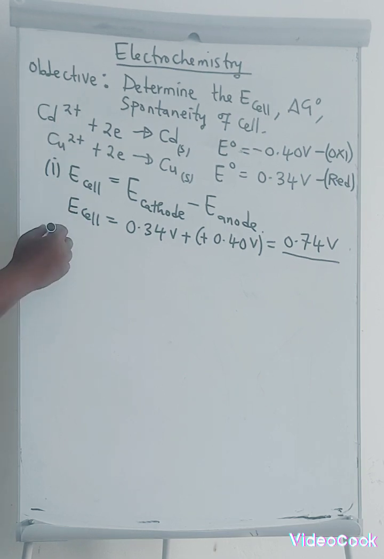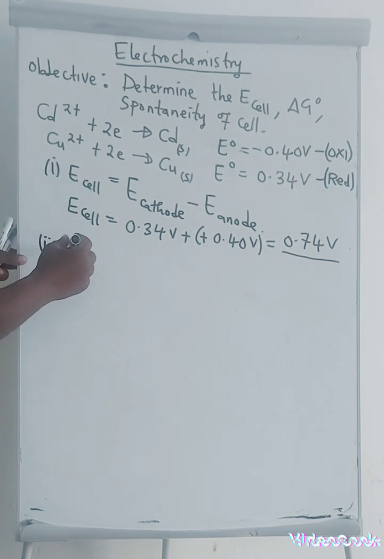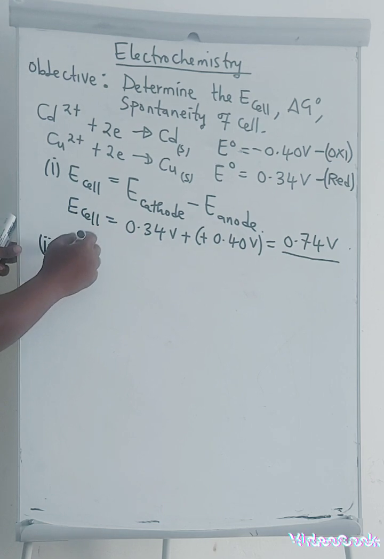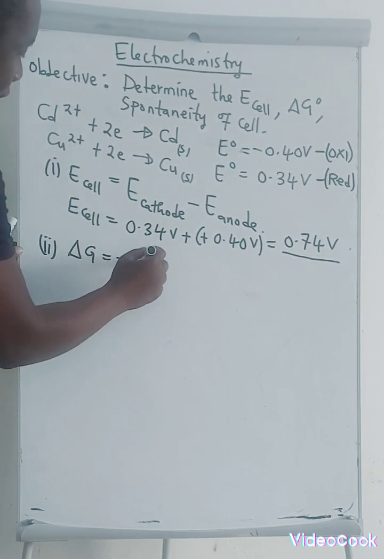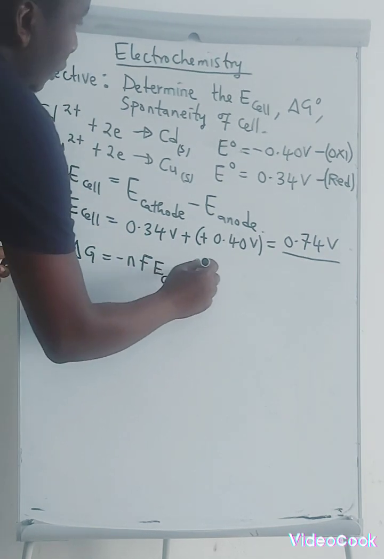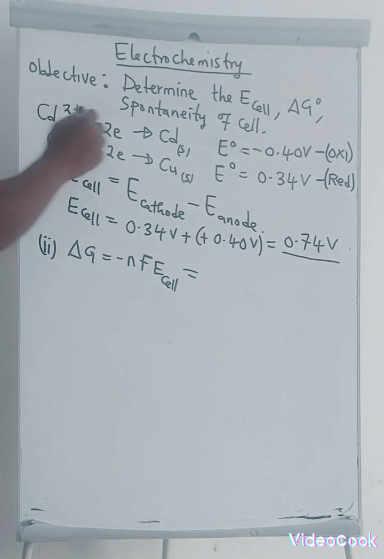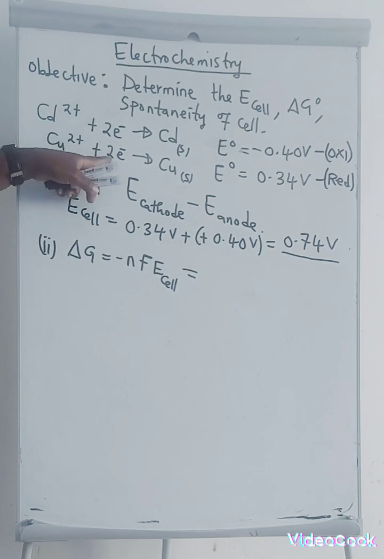Then we go to the Gibbs free energy. The Gibbs free energy is going to be delta G is equal to negative n F E cell. Here, as we can see, there are 2 electrons in the system.